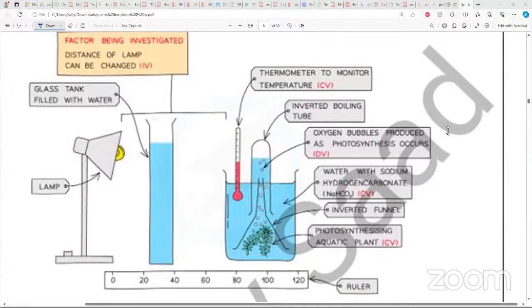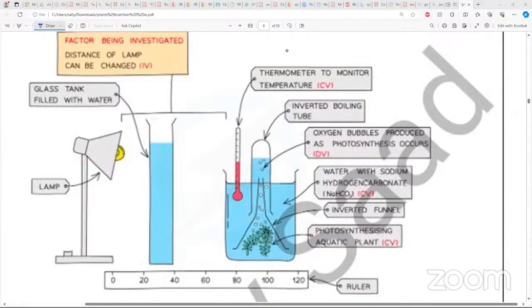That means if I'm measuring the effect of light intensity, I have to be sure that temperature is maintained constant. I have to be sure that the carbon dioxide concentration is constant. No other factors can affect the rate except the light intensity. Is it clear?